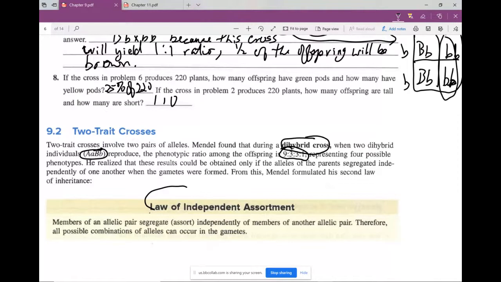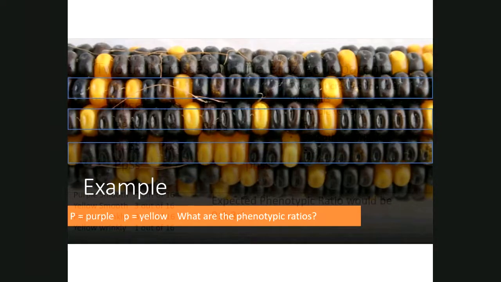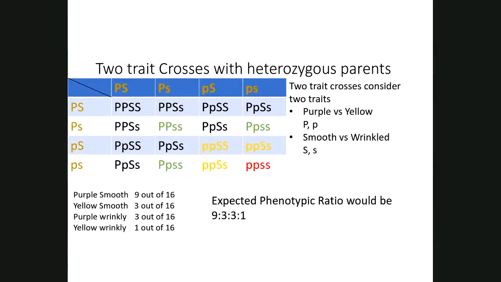So when we're doing a Punnett square for this dihybrid cross, well, I'll show you instead of explaining it to you. We have to distribute the possible gametes, the possible alleles for each gamete.